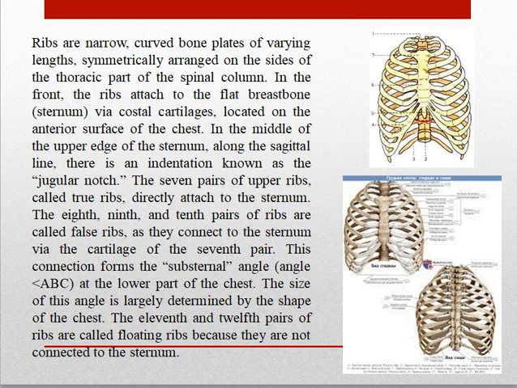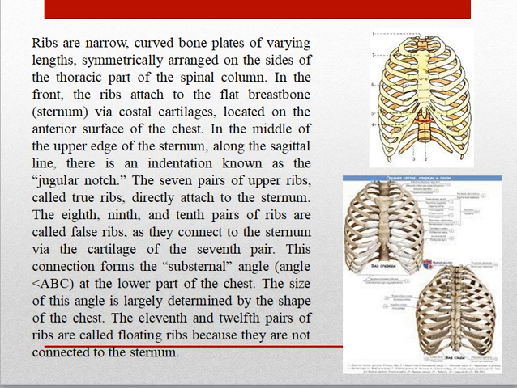Ribs are narrow curved bone plates of varying length, symmetrically arranged on the sides of the thoracic part of the spinal column. In the front, the ribs attach to the flat breastbone, the sternum, via costal cartilages located on the interior surface of the chest.